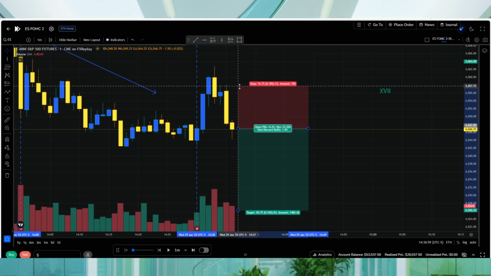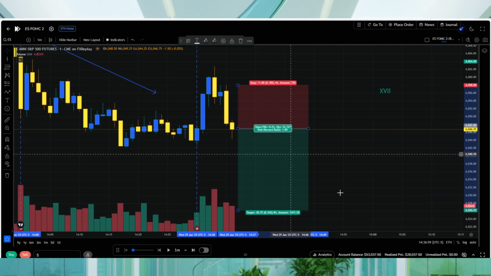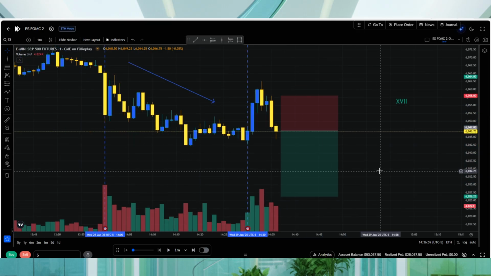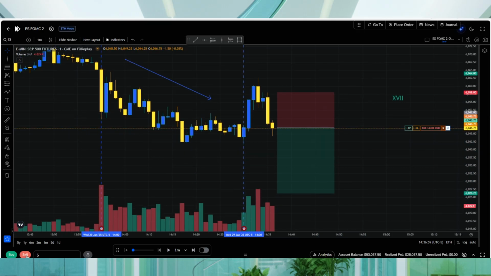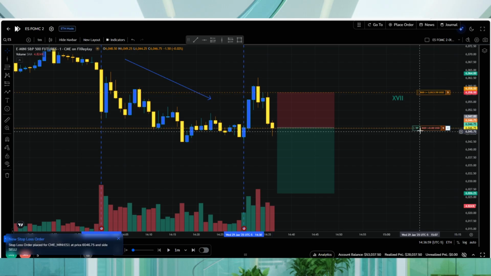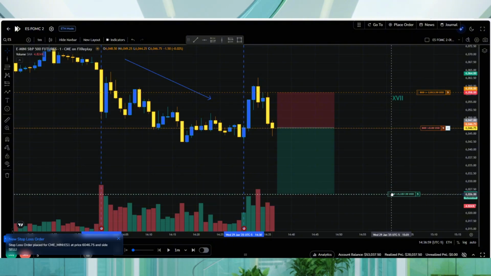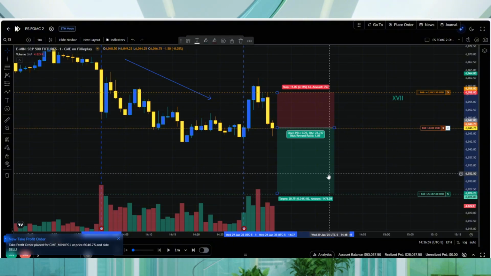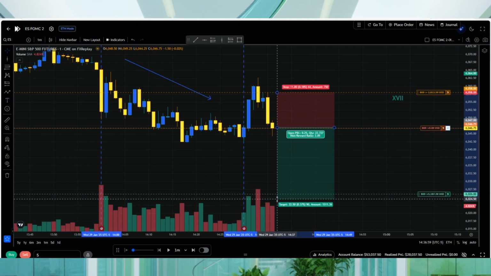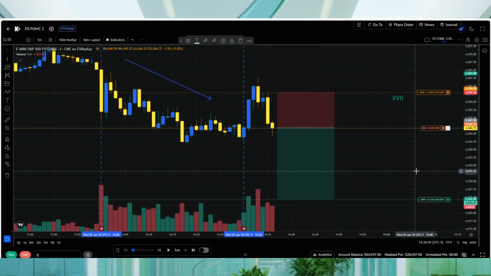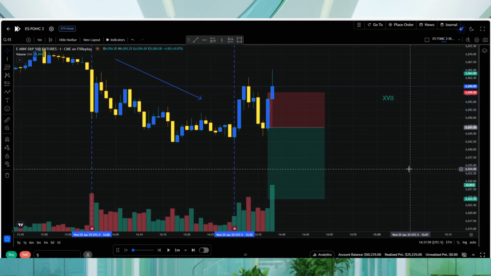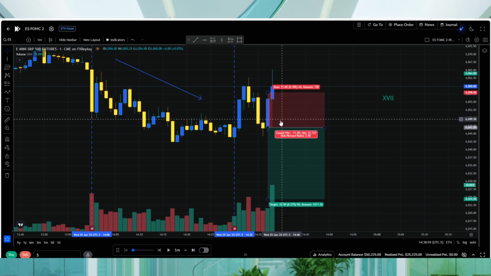Here might be a case where I increase the size a little bit just to get there. So we're going to sell. And we get stopped out.